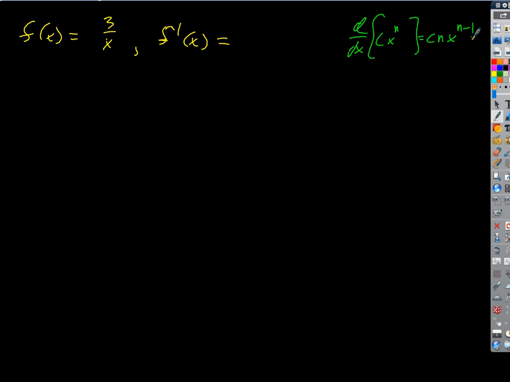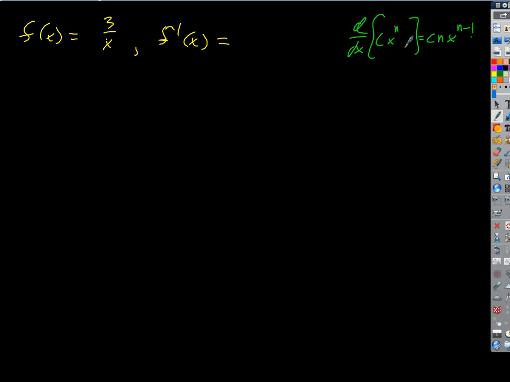So on problems like this, there's a really important step. You have to rewrite the function in a way that makes this rule applicable to it. I call that pre-writing the function, right? So how am I going to rewrite f of x so this applies more obviously? Okay, good.